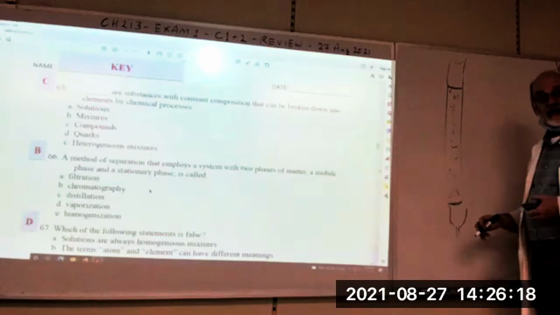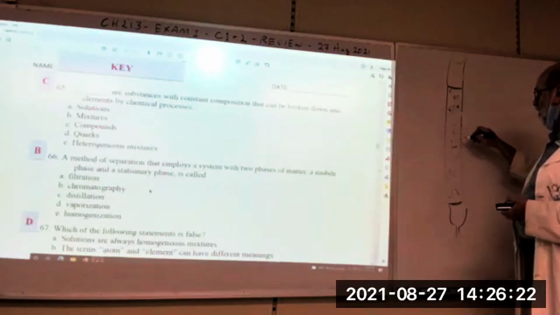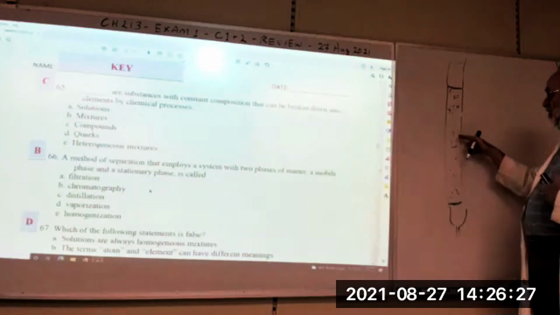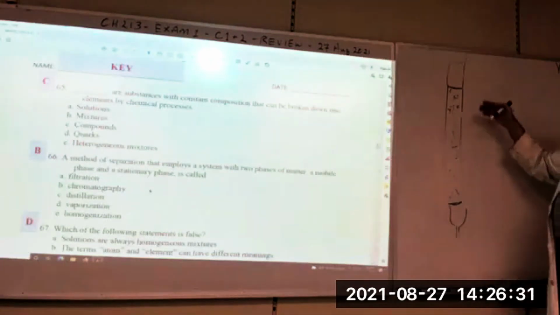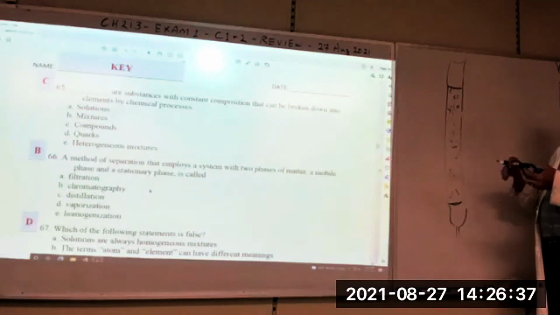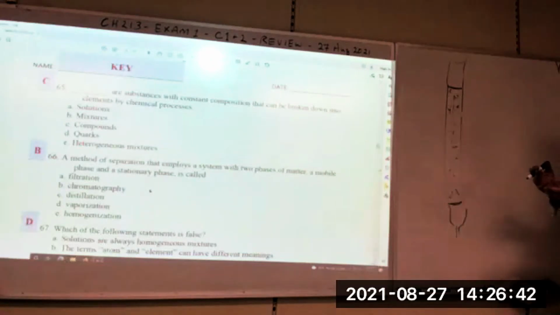Well, on its way, you have X's and Y's together. So the X's are more strongly attracted to the stationary phase, solid stuff. Then they would track slower than the Y's because they're spending time on the stationary phase. They're going to it and away from it, to it and away from it. Takes them longer.